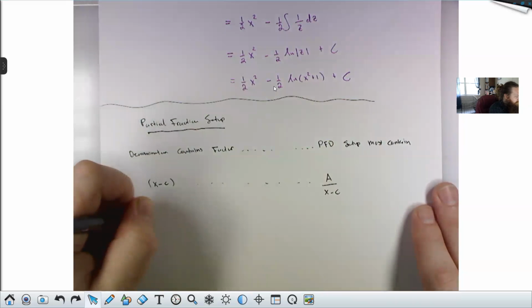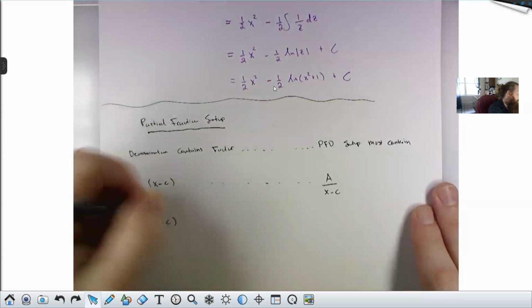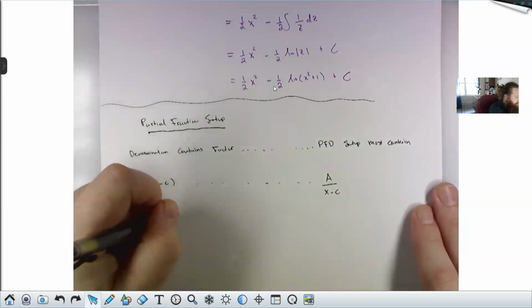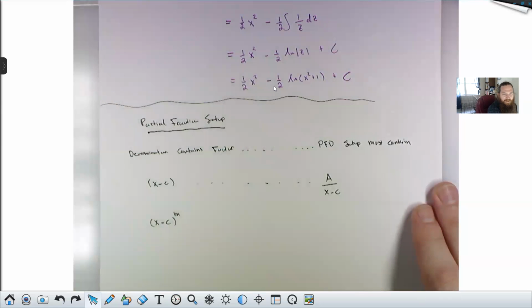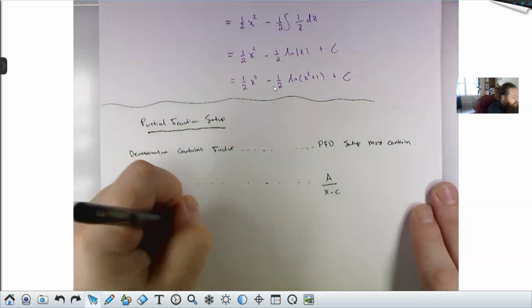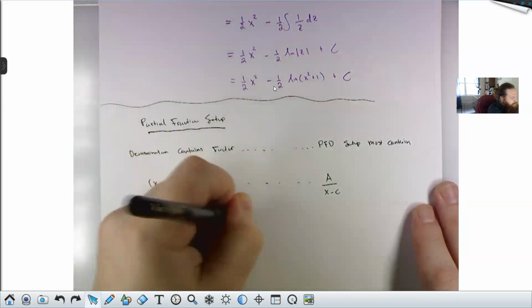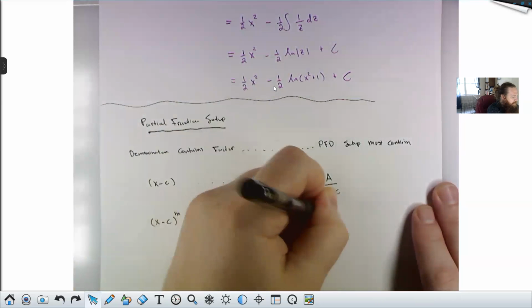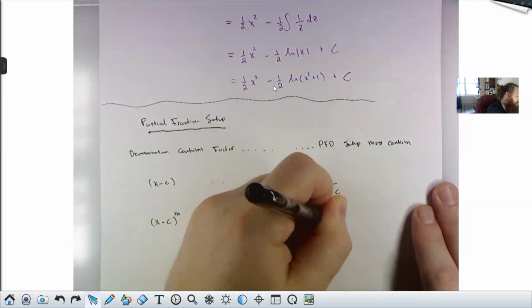If your denominator has a repeated factor, so a linear factor, but instead of just being x minus c, a regular linear factor, it's repeated some number of times, has some multiplicity m, which is not 1, then your PFD setup will contain a number of terms. You have to build up to that multiplicity.